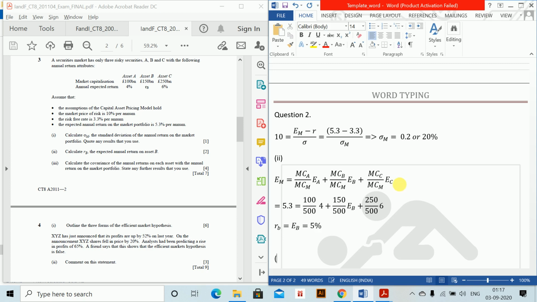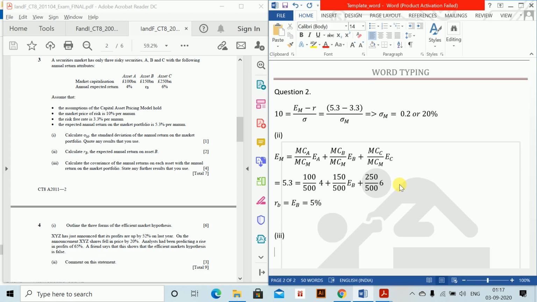Okay, and part 3: calculate the covariance of the annual returns on each asset with the annual return on the market portfolio. So first we'll write the security market line.